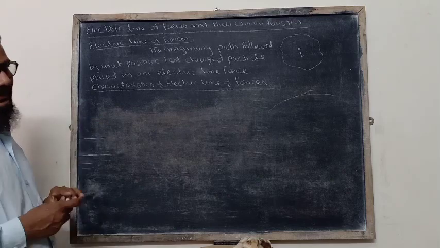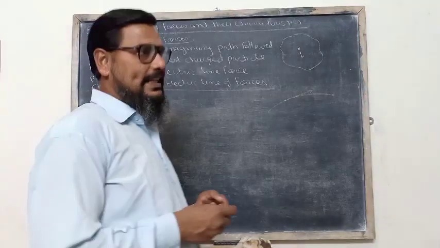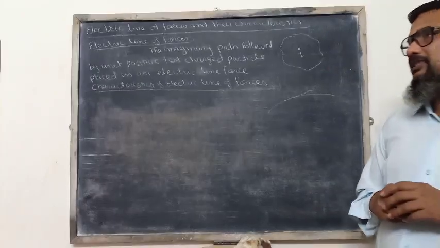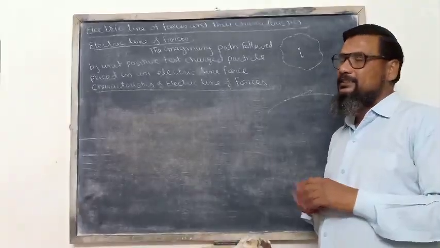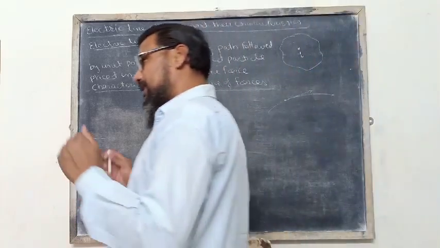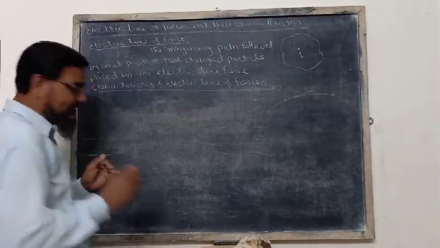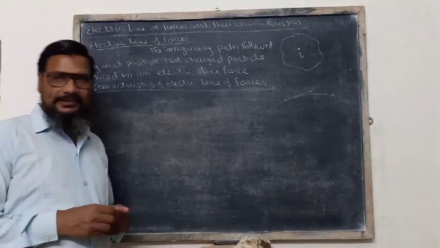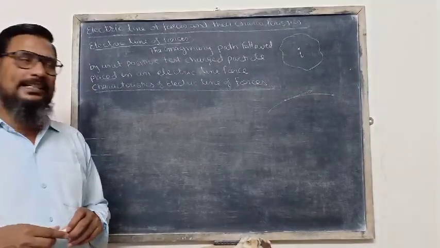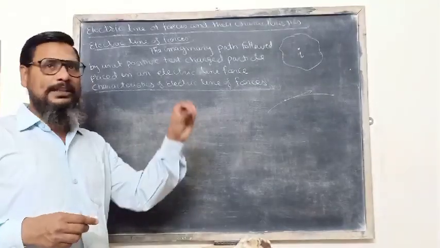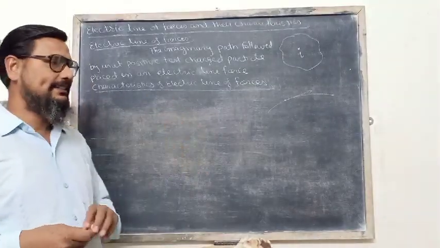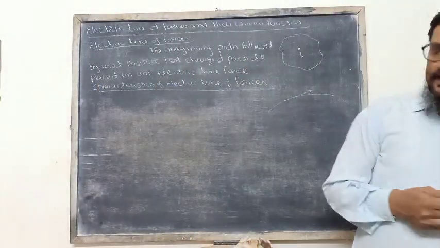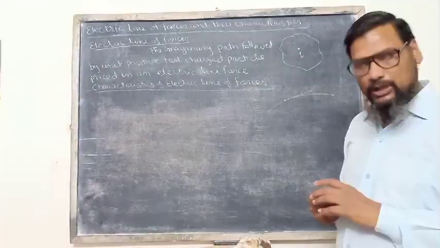The second characteristic is, greater is the density of electric lines of force, greater will be the electric field intensity. Again I am repeating, if in a certain region the density of electric lines of force is greater, then electric field intensity will also be greater, and if the density is smaller, then electric field at that region will also be smaller.